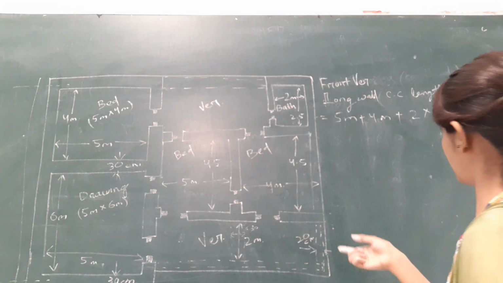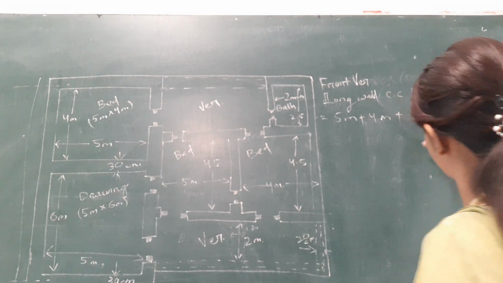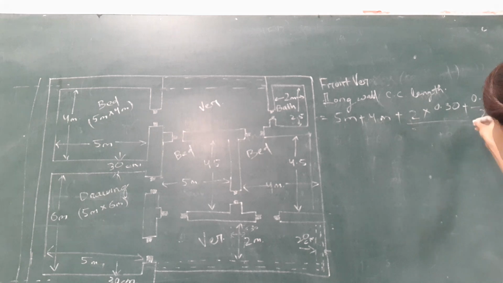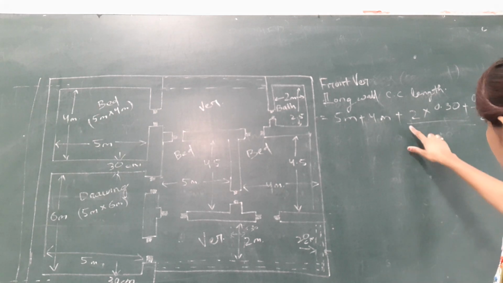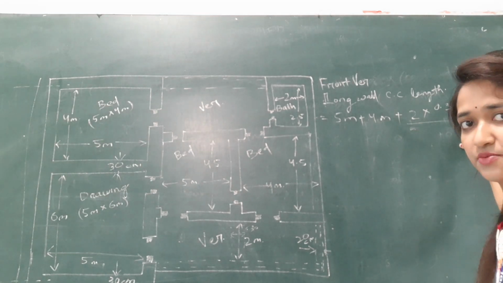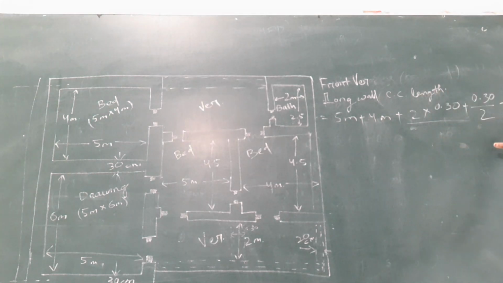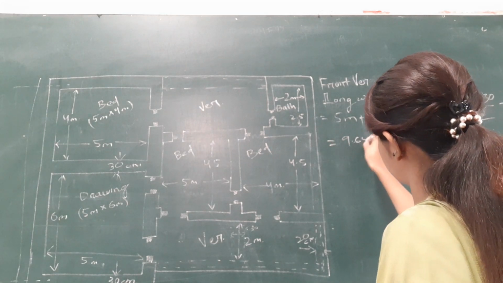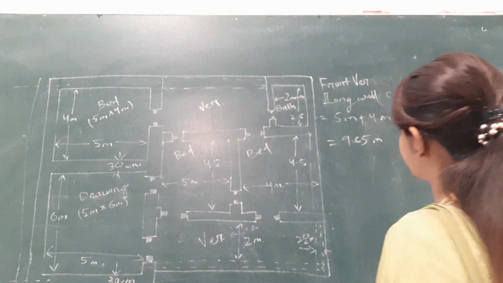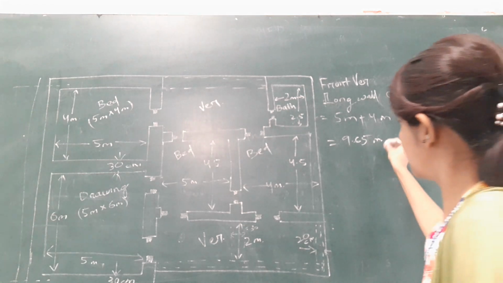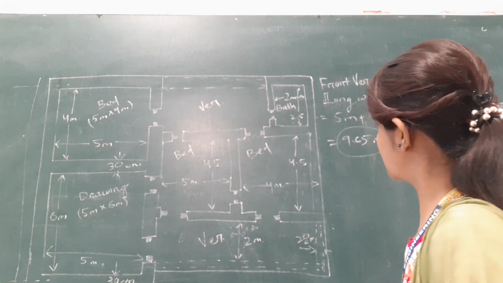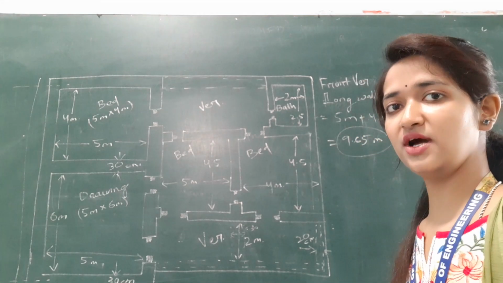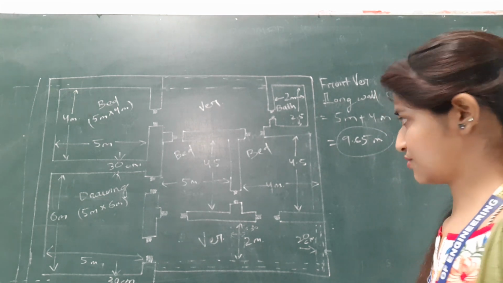Why is this minus? For this, okay, we already wrote 2 into 0.30. So we have to subtract this, okay. So the answer is 9.65 meter. Okay, done. It's the center to center length of the long wall for the front veranda, okay.